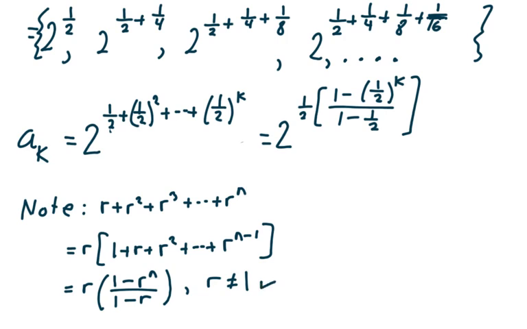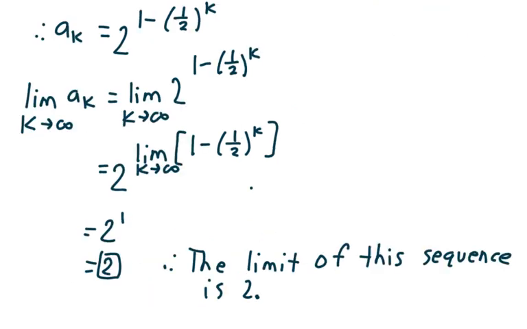And note here, r can't be 1. And so watch what happens here. Notice how the 1/2 here cancels out that 1 minus 1/2 in the denominator. And what we end up getting is 2 raised to the 1 minus 1/2 to the k.